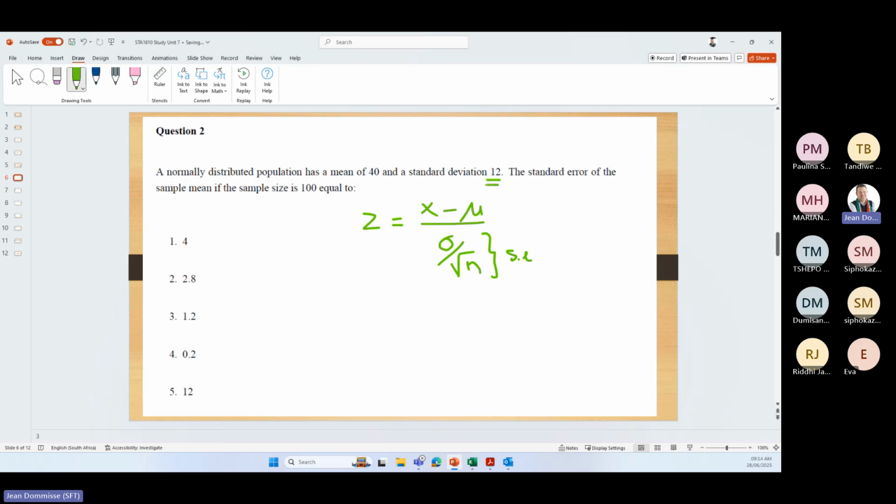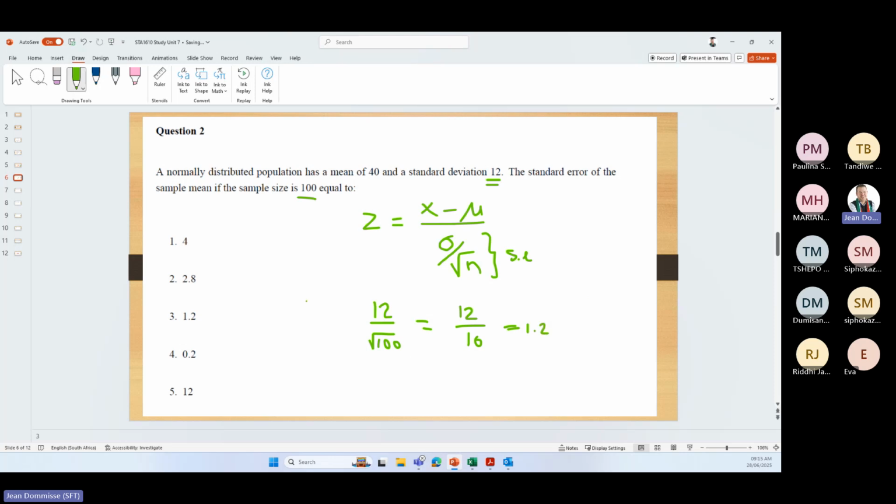There's your standard deviation, it is 12. And what we also need is your sample size. The sample size is 100. So the square root of 100 will be 10. So 12 divided by 10 will give us 1.2.